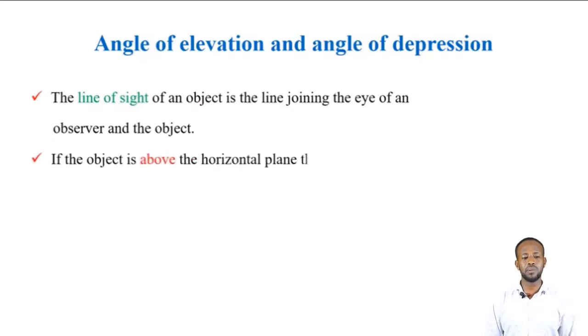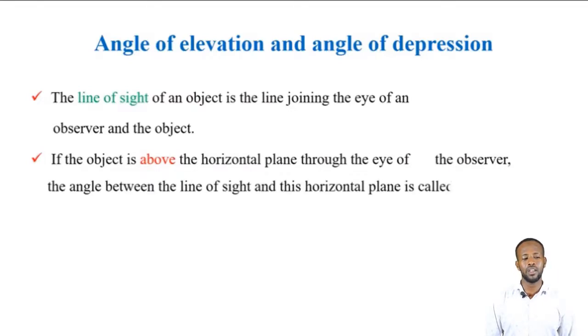Now if the object is above the horizontal plane through the eye of the observer, the angle between the line of sight and the horizontal line is called the angle of elevation. That means the angle formed by looking up, raising your eyes, is called the angle of elevation.